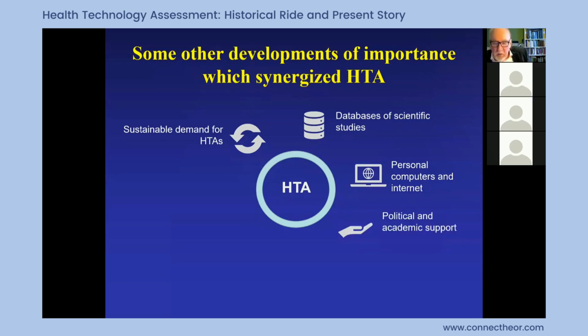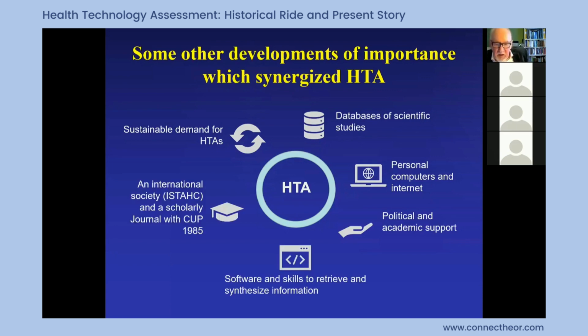Political and academic support played a very important role for HTA. Next, software and skills to retrieve and synthesize information. And an international society was formed. It was named ISTAC. The name was changed in 2003 to HTAI.